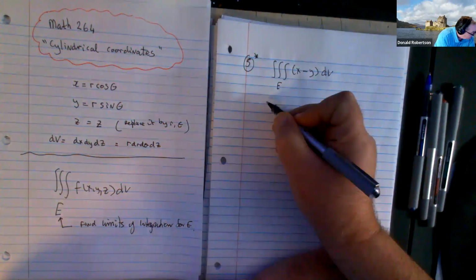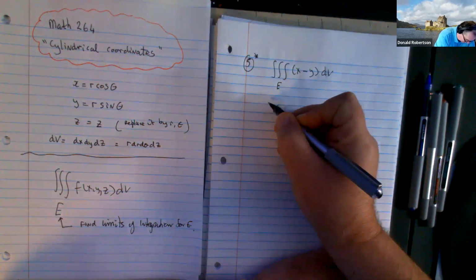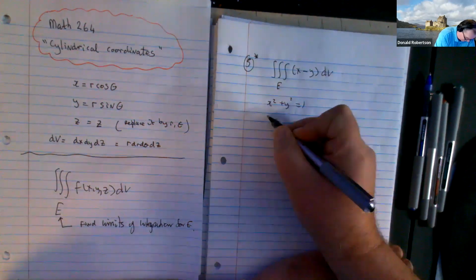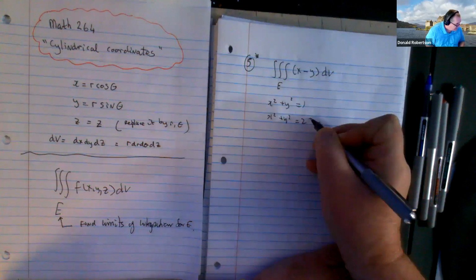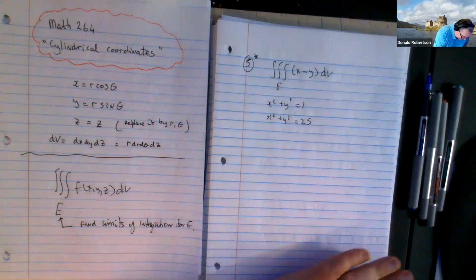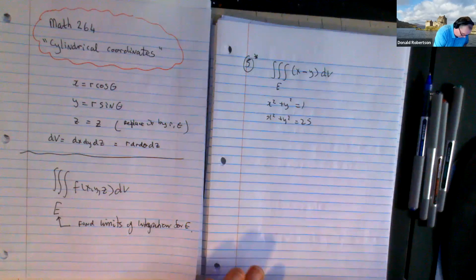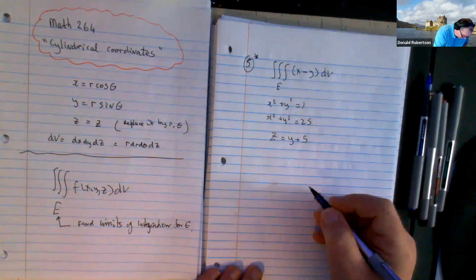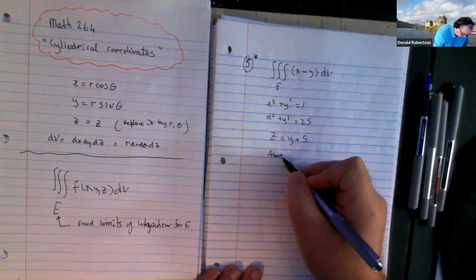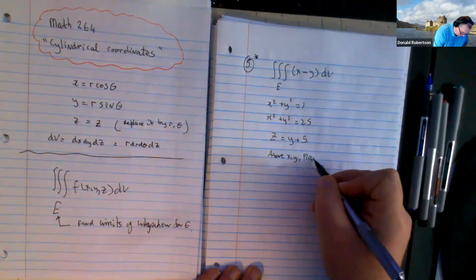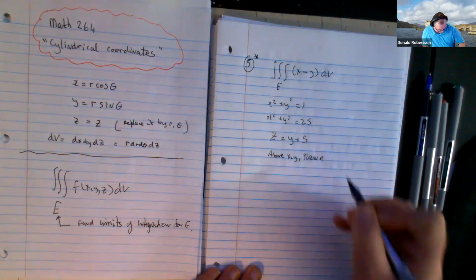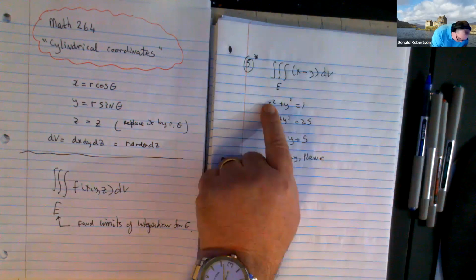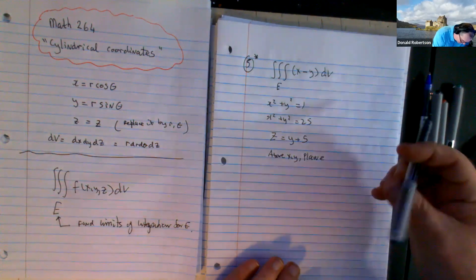Well, this shape lies between 2 cylinders, and a plane with equation z equals y plus 5, and it's above the xy plane. Right, so we're looking at some shape, some region E, which is made by those 2 cylinders. If you can imagine what that would look like, wouldn't it be a pipe?